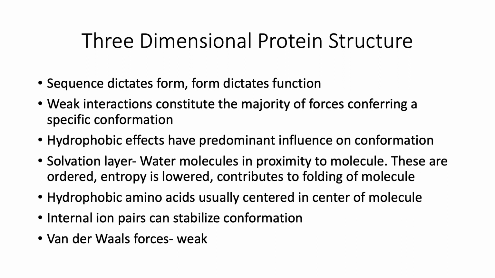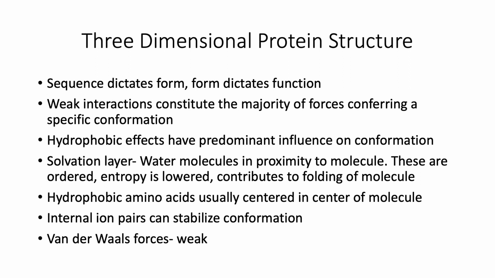So you have the solvation layer, which is the layer of water molecules in proximity to the molecule. As they are ordered, being in coordination with the protein, the entropy is lowered, and this creates a folding of the molecule.